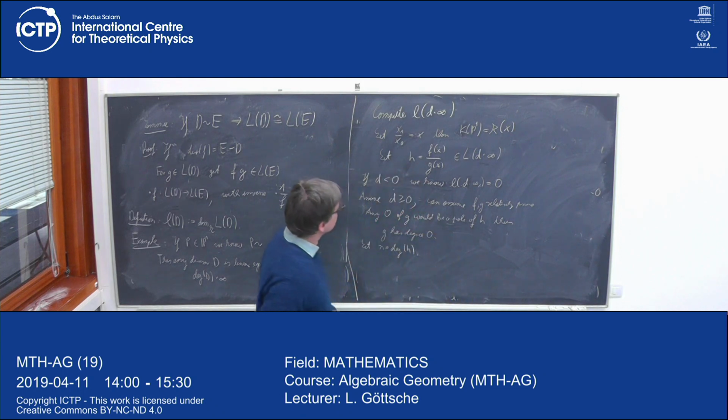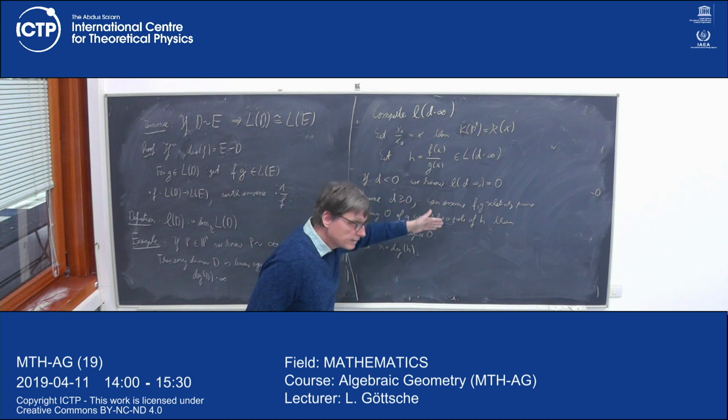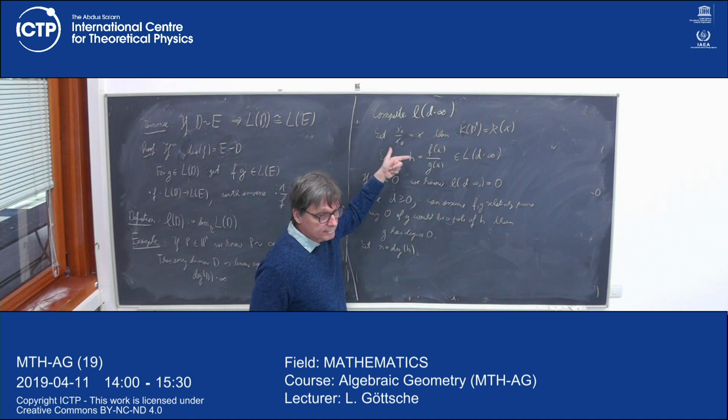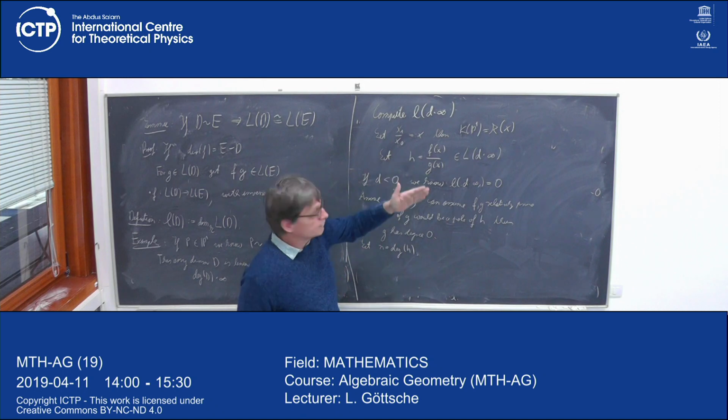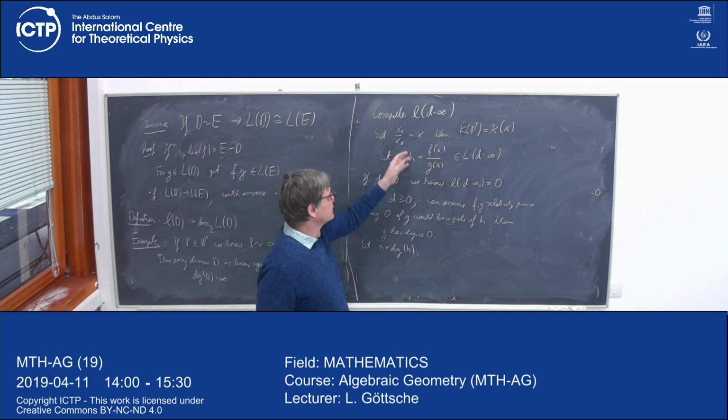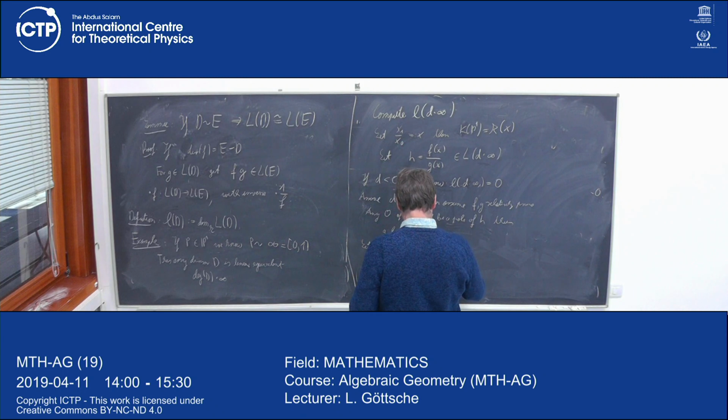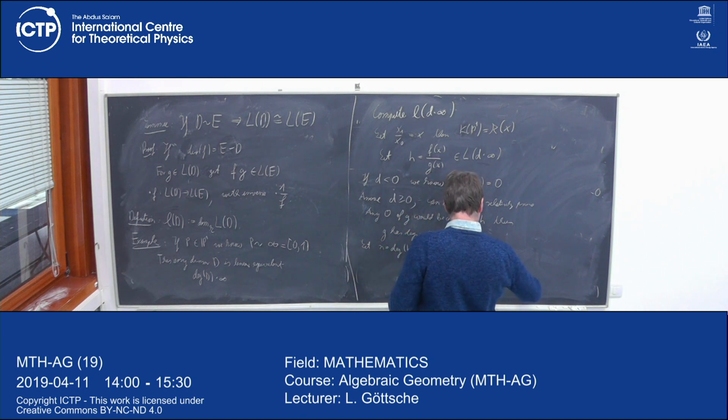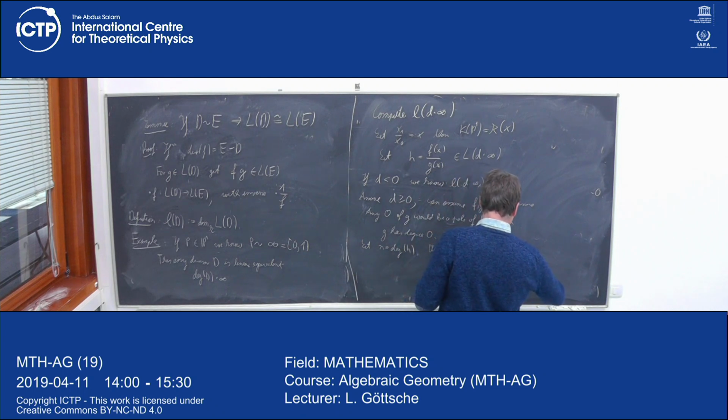Now the uniformizing parameter at infinity: on P1, on one chart the coordinate is x, on the other the coordinate is x0 divided by x1, which is 1 over x. So the uniformizing parameter is 1 over x, which I call z.